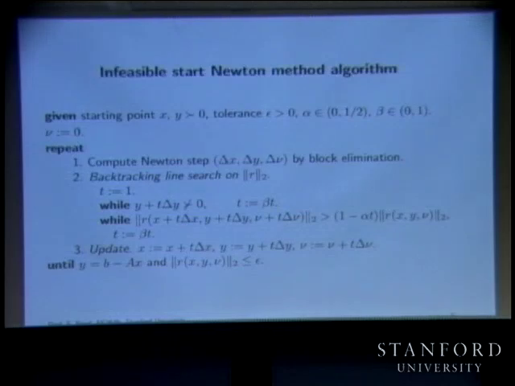And that's easy enough to do. I mean, the simple way is something like: while y plus t delta y is not positive, you do t times equals beta in a while loop and simply find out if you're positive. But the fact is, if you're writing this in a real language, like C or something like that, what you'd really do is you'd get y and you'd get delta y, and you'd quickly calculate the largest t for which this is still the case.